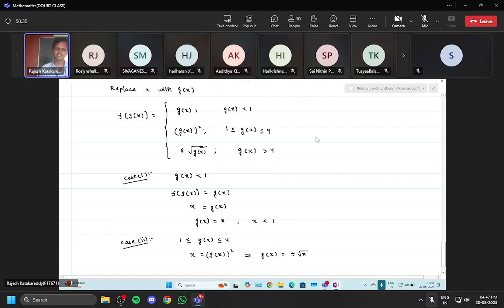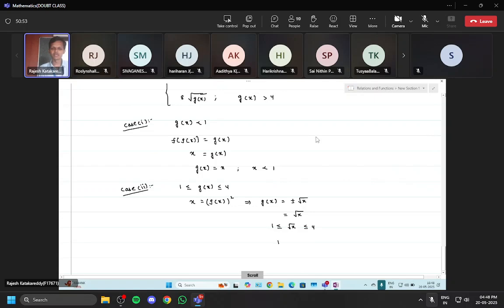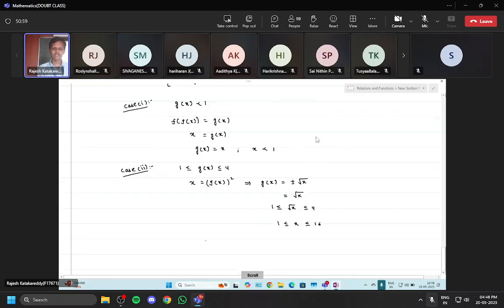The range of g of x says it is between 1 and 4, so it cannot be minus root x; we are taking root x. Now go to the inequality, substitute g of x equals root x and solve it. We get 1 less than or equal to x, less than or equal to 16. Clear?